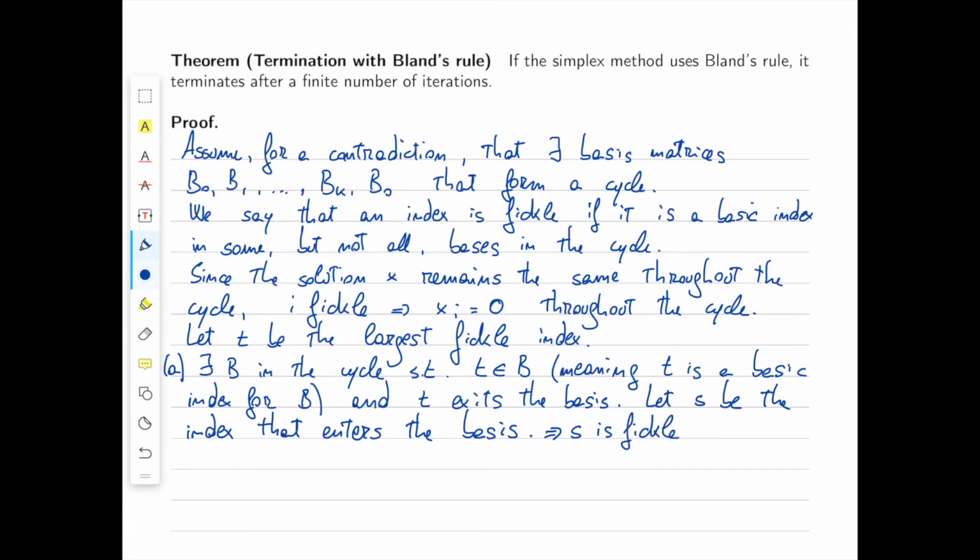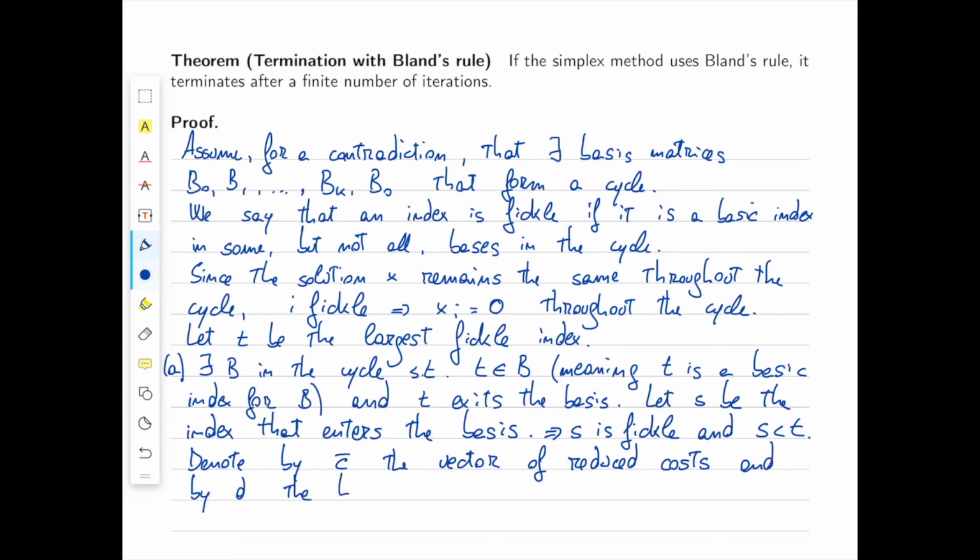Since t is the largest fickle variable, we have that s is strictly smaller than t. Let's denote by c bar the vector of reduced costs and by d the basic direction.